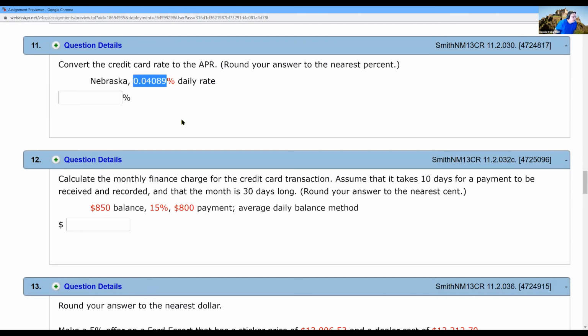This one is daily. Well, if I want to know what the APR of this one is, 0.04089. Since it's daily, in a year you get 365 of them.